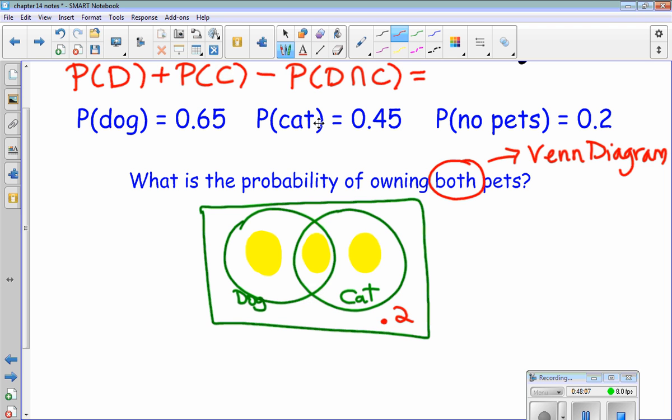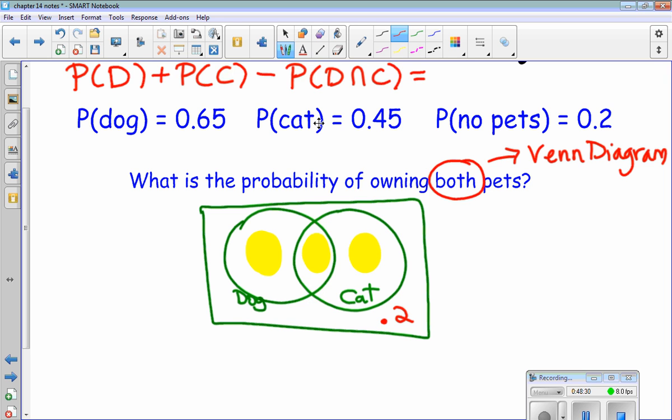That's the only difference, because I'm doing dog and cat. Whenever you are looking at a contextual situation, you need to change yours. Don't use A's and B's like the formula does. What you need to do is use dog, cat. So that's why I'm using D's and C's. Do you see where the formula is coming from that I wrote across the top? Are we okay with that?